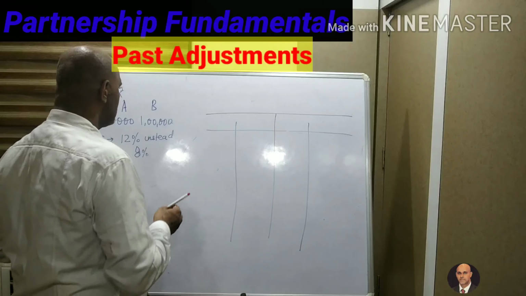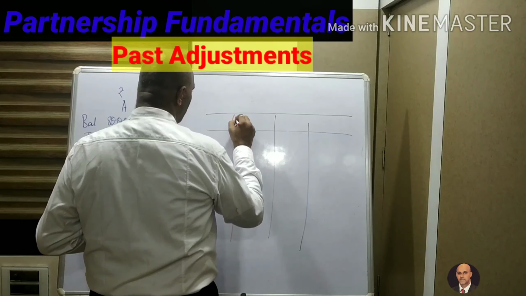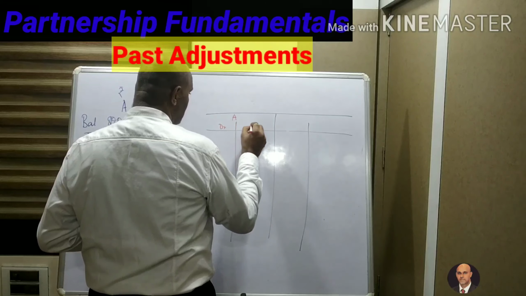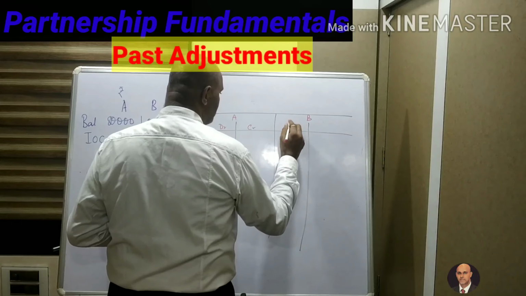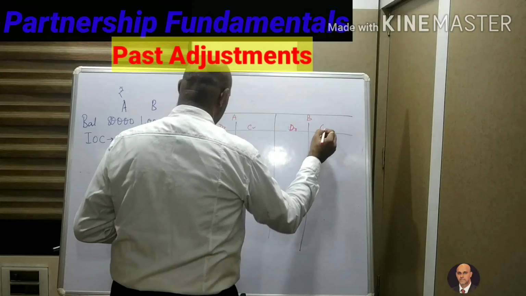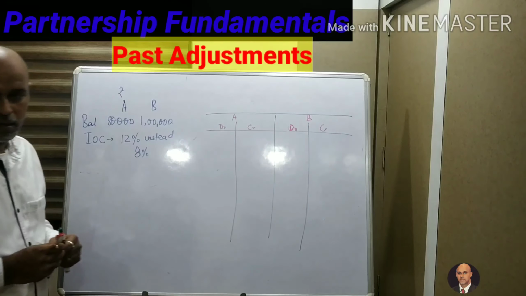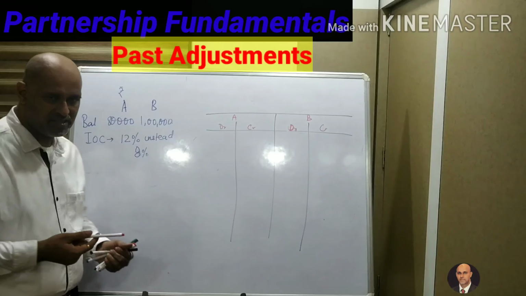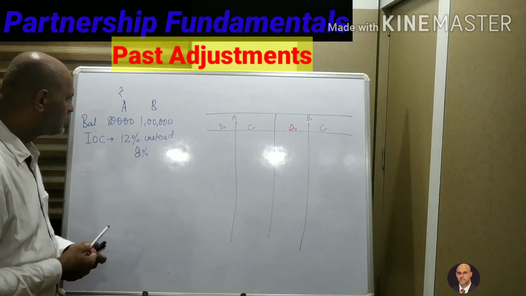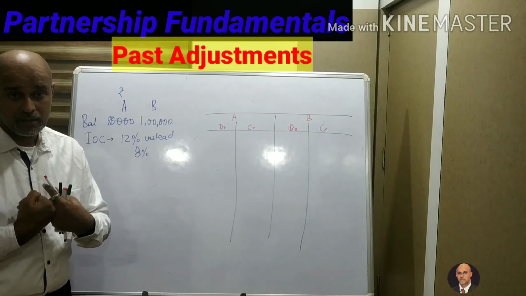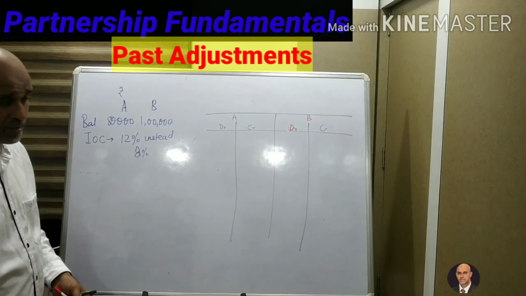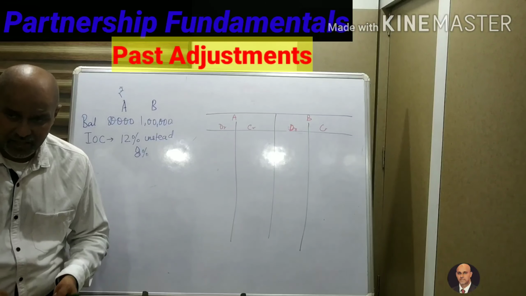Here this is A, debit and credit, this is B, debit and credit. First of all, what should we do? There are two ways in which you can do. First, take that 12% back and then give them 8%. That would be a little bit too lengthy.